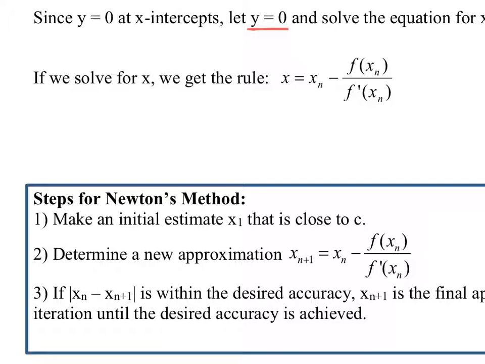When I show you how to do it on the calculator, this is not so bad. It's number 3 that makes it a little crunchy, because if your calculation is within the desired accuracy, then you can stop. But how do you know what the desired accuracy is? Is it what you desire it to be, or what someone else desires it to be? So that's the thing, and we'll talk about that in a few minutes.